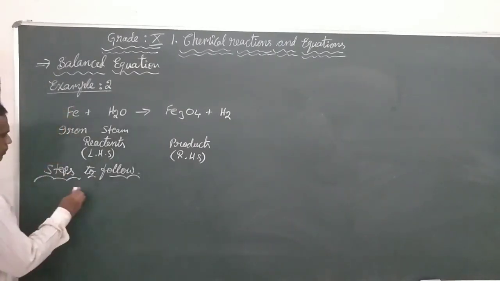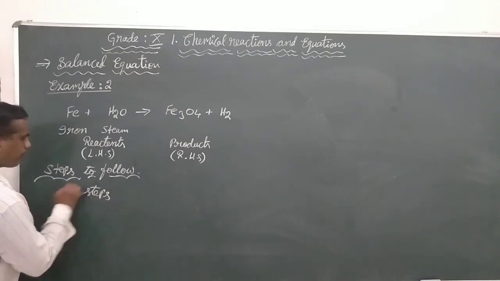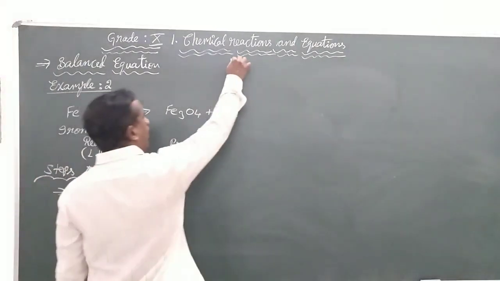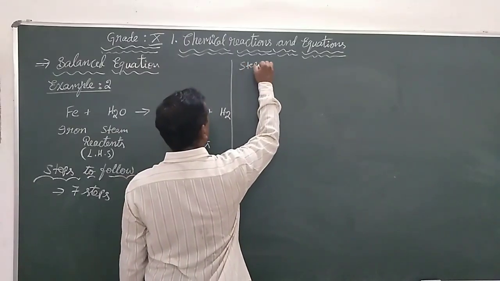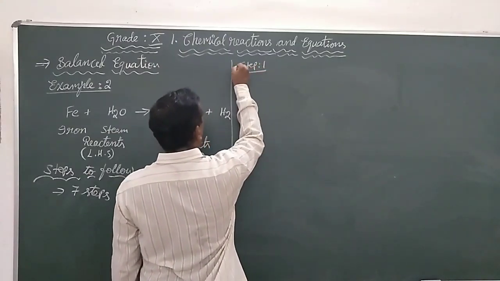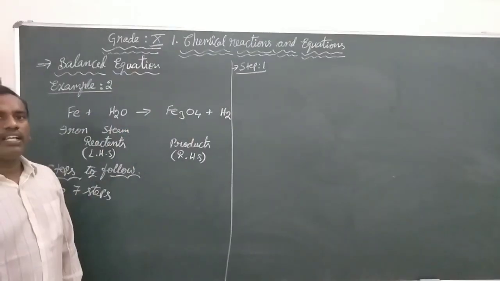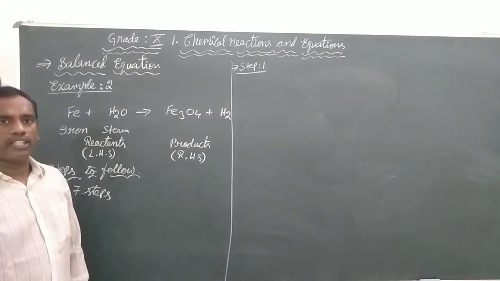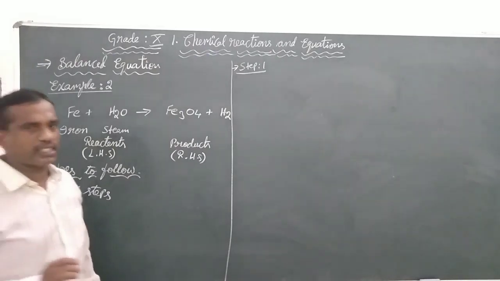There are approximately 7 steps that we use for balancing the chemical equations, and among them we are still observing step 1. What is the first step to do? You write the chemical equation as it is, representing the given elements or compounds surrounding them in a box.